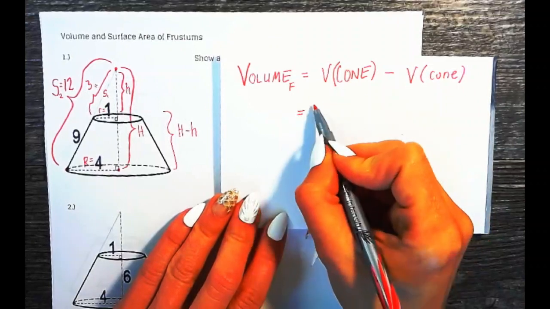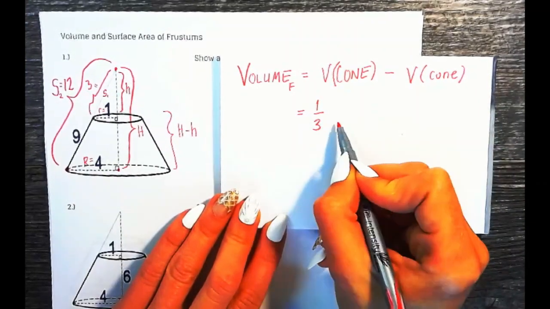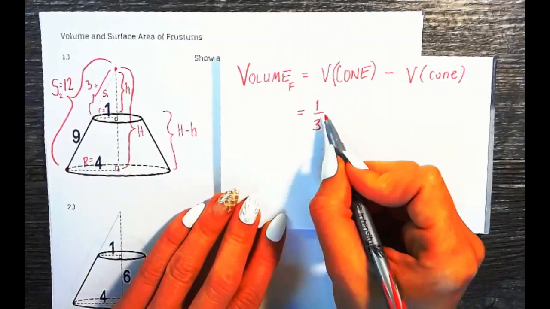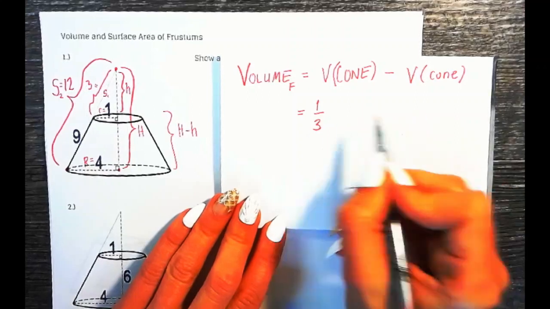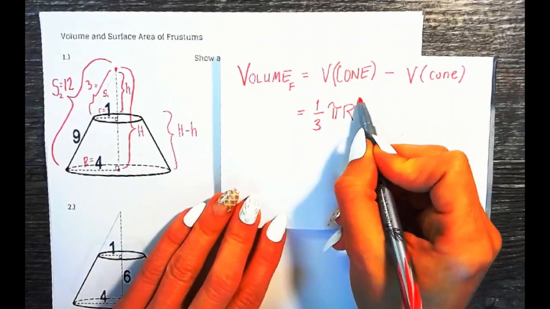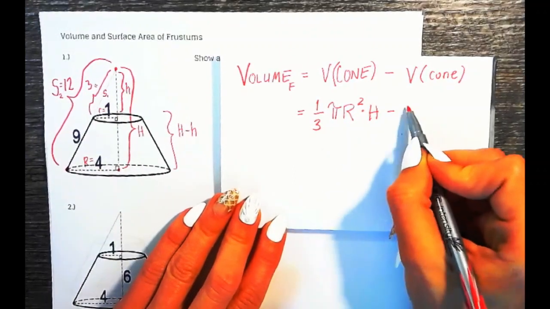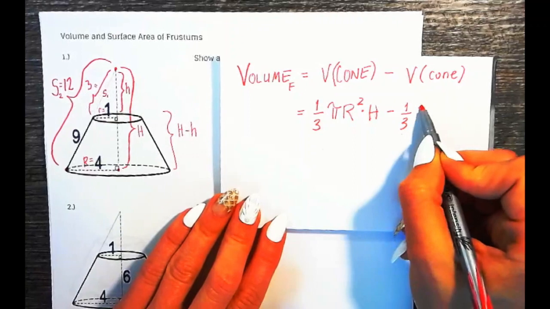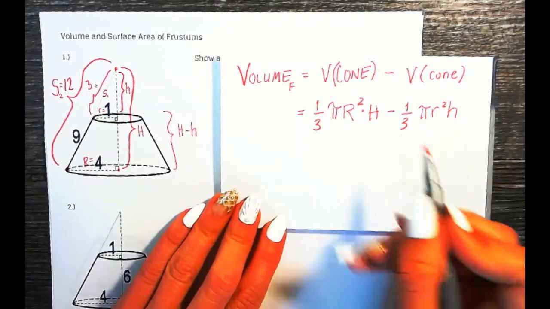The larger cone, well, the volume of a cone is what? 1/3 area of the base, which is pi r squared, times the height, h. The larger cone, I'm going to use my capital letters, 1/3 pi r squared times h minus 1/3 pi r squared h.